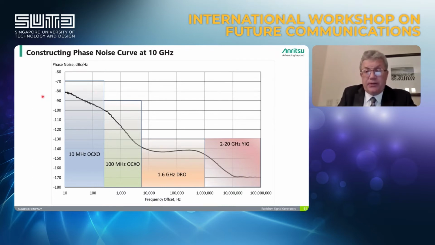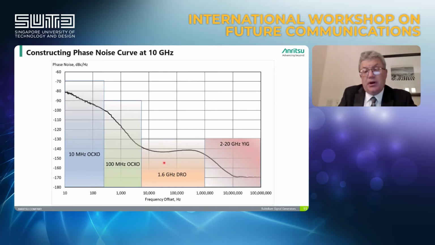For example, in this slide, we can see how we construct the phase noise profile. This blue region between 10 Hertz and 200 Hertz, the phase noise here mainly depends on the 10 megahertz OCXO. The green box around 1 kilohertz mainly depends on the 100 megahertz OCXO.